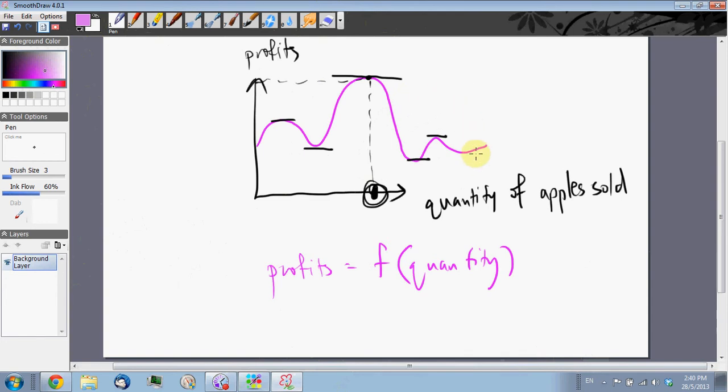I hope in this video you get an idea of what differentiation is, why we even use it, and what the purpose of differentiation is. Do look out for the future videos I will be making on how we do differentiation and the techniques of differentiation.